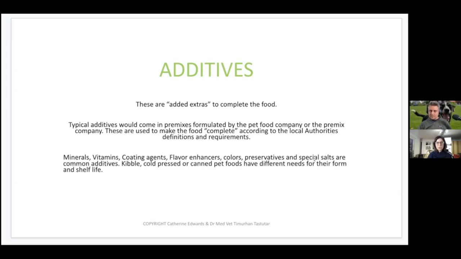Okay, so before you move on from this, when we're talking about additives, are we always talking about what we would call lab-made or synthetic vitamins and minerals, or would they sometimes be from natural sources as well? It can be from natural sources as well, but that's a slippery slope, because when they are naturally obtained in full form, they normally become an ingredient.